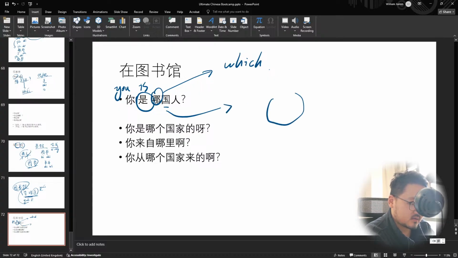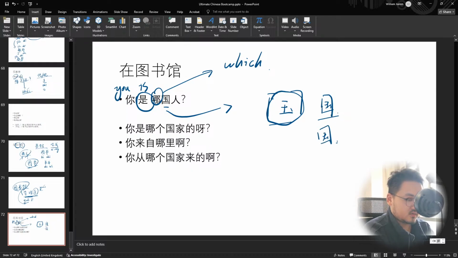Just think about it: there's a king with the jade inside, so that's the territory of that king, that's the 国, right? And 人 is like people, person, right? Something like this.